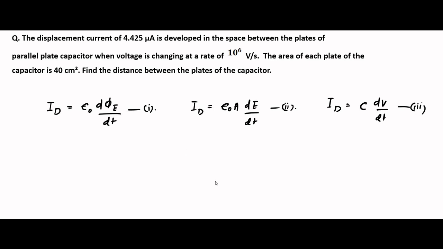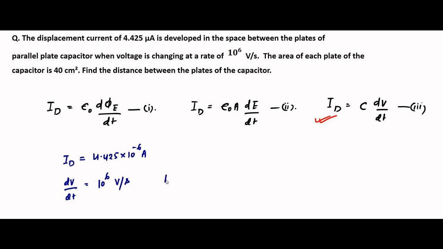If you see the question and the data given, I think this third way is the most appropriate way to deal with this question. Here displacement current is given, ID is equal to 4.425 into 10 to the power minus 6 ampere, microampere. dV by dt is 10 to the power 6 volts per second.